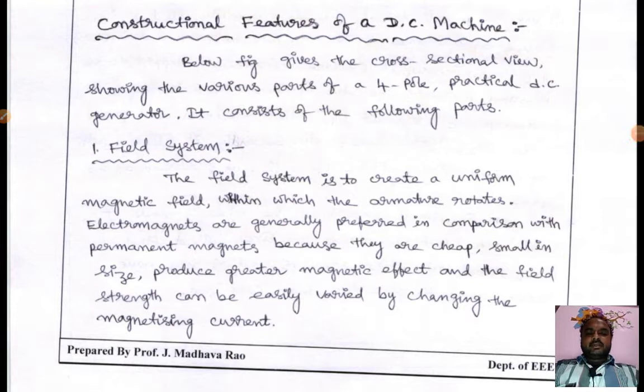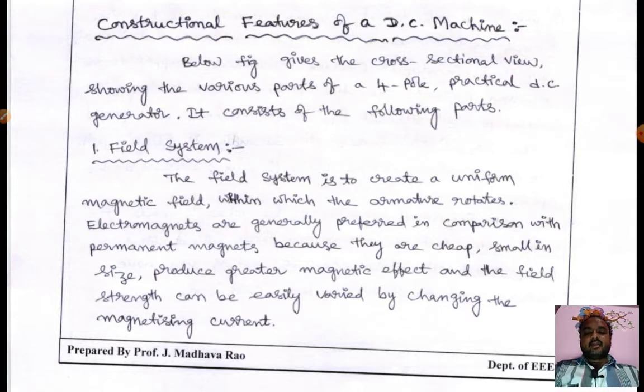In the figure we have seen the field system, right? So we'll see what the field system function in a DC motor is. The field system is to create a uniform magnetic field within which the armature rotates. So inside the DC motor, the field system will create the magnetic field.